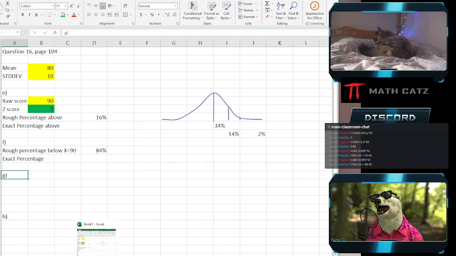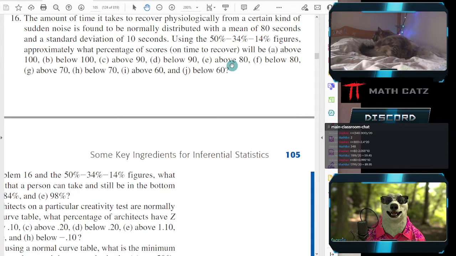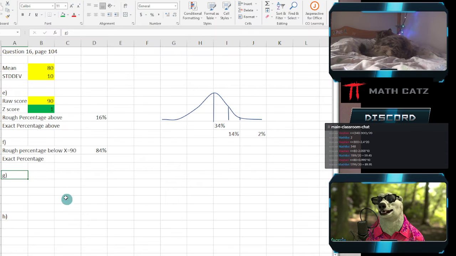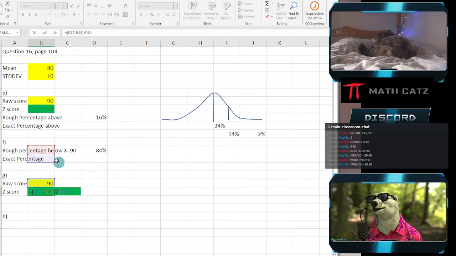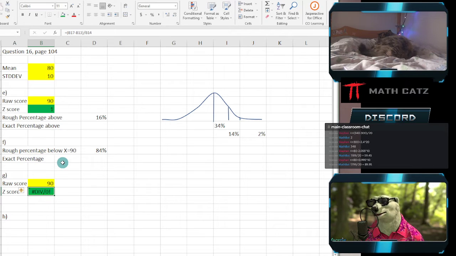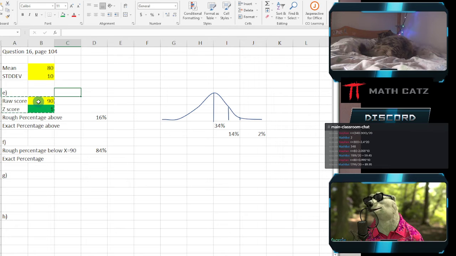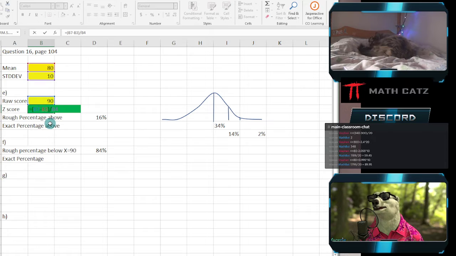And in part G, they want above 80, above the raw score of 80. So now we can copy this over. It's not a big deal. If we want to keep the questions separate, of course, my formula copies over and expects numbers to be there. I need to adjust that. Because the yellow input doesn't change in terms of the mean and standard deviation, I can update this guy to say, let's have the raw input.